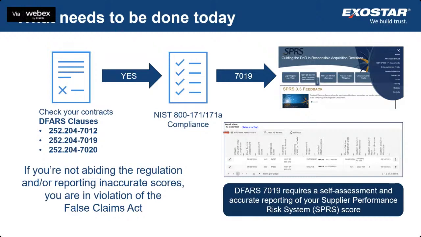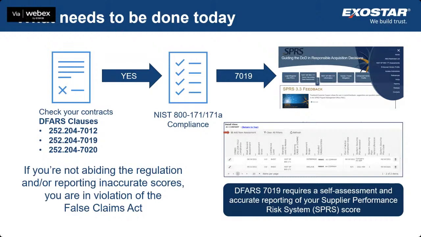Defense Federal Acquisition Regulations, and particular clauses that call out things you need to do. If within those contracts you have clauses 252.204-7012 or 7019, then you need to be compliant with NIST 800-171 if you receive controlled unclassified information as part of the fulfillment of that contract.